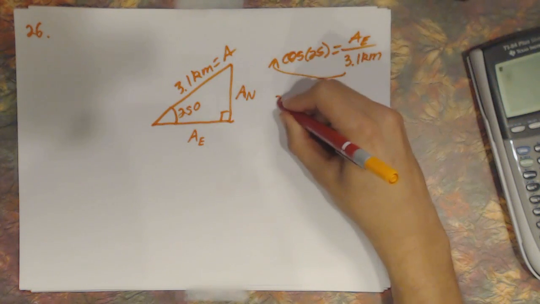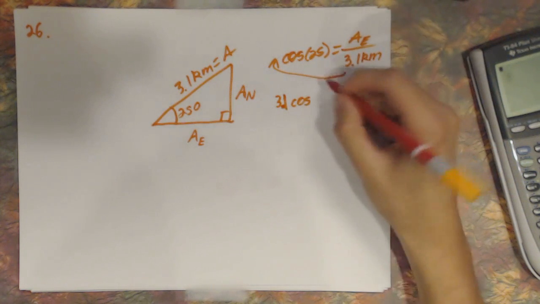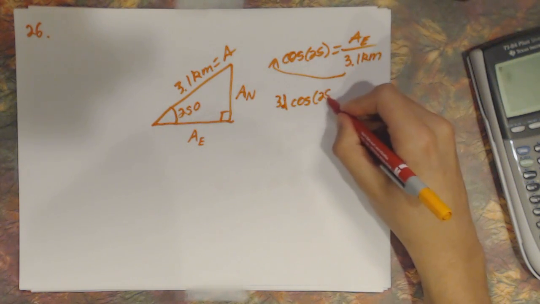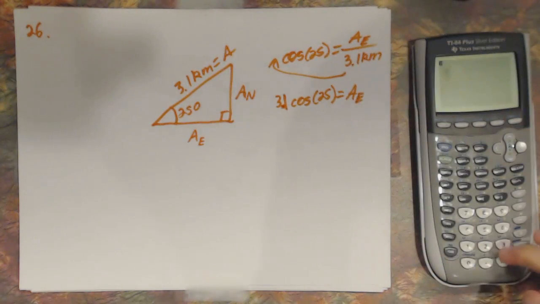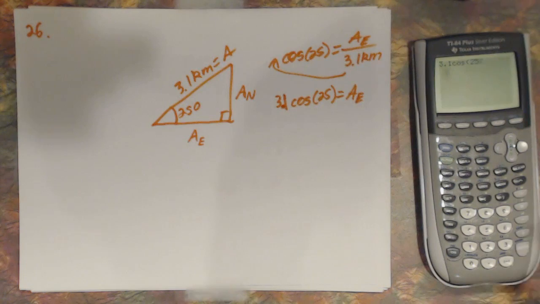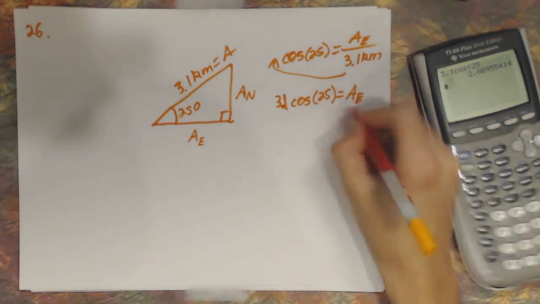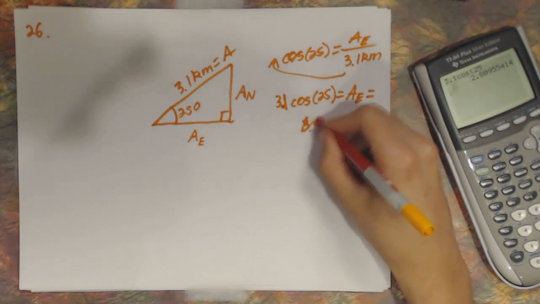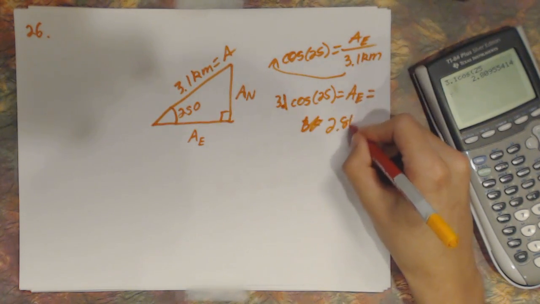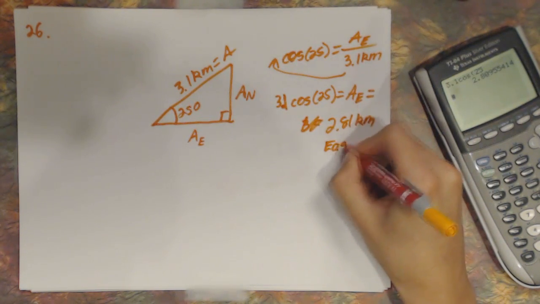Multiply this over, we get 3.1 cosine 25 is going to equal our east component of vector A. So 3.1 cosine 25 equals 3.81 kilometers. Sorry, 2.81 kilometers. And we need a direction, which is going to be east.